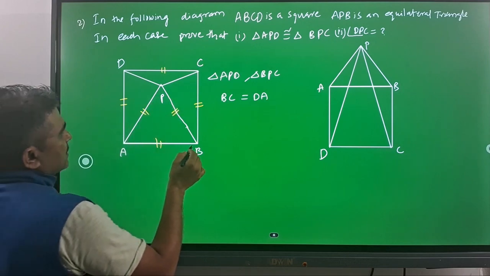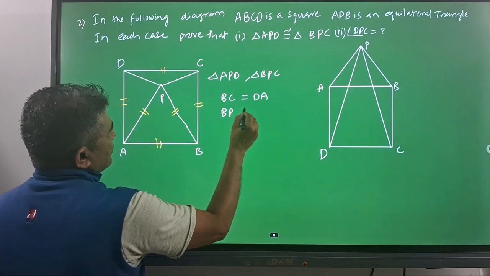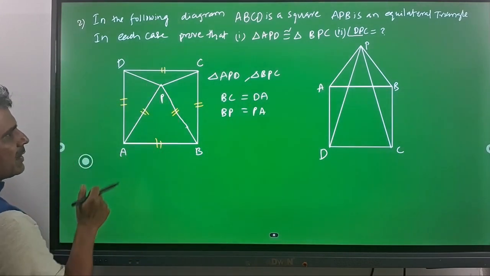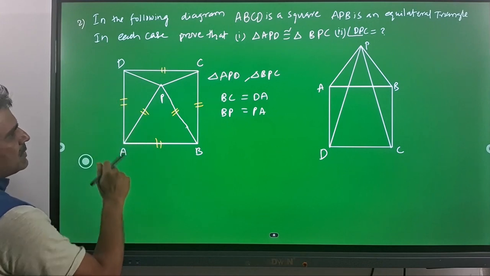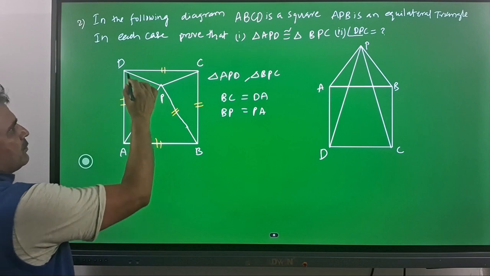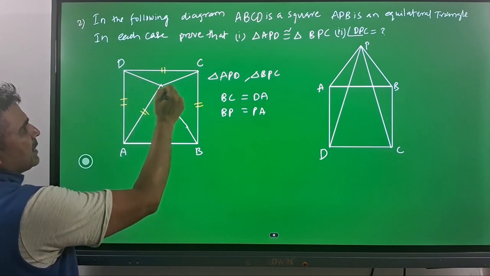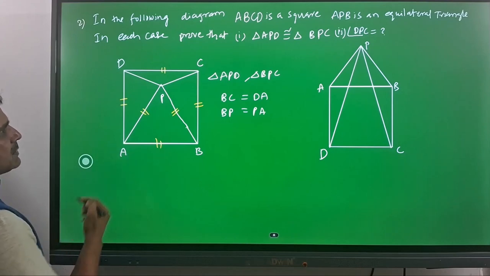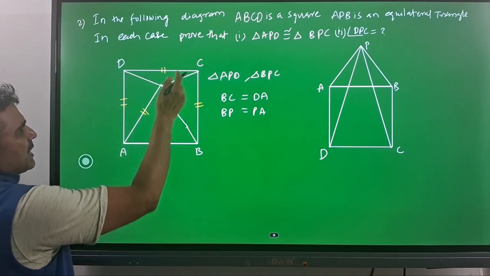And after that BP is equal to PA, so these two are the sides of the equilateral triangle. So for those two triangles, those two sides are equal. We don't have information about PD and PC, so we can't equate those.